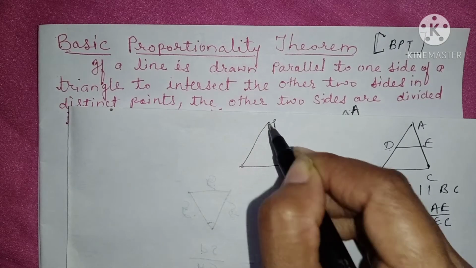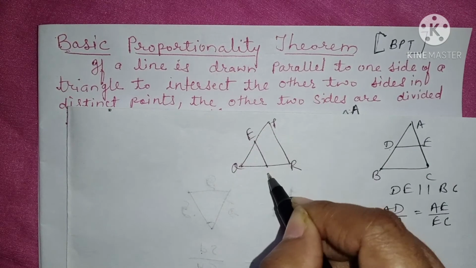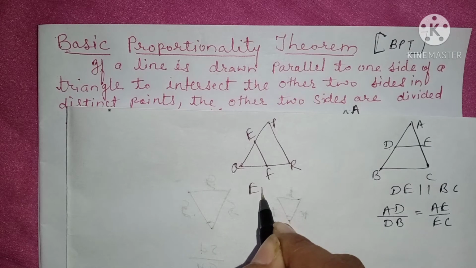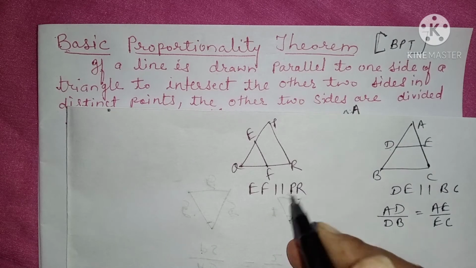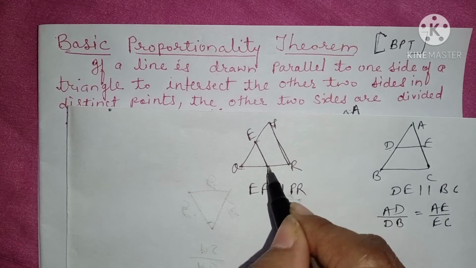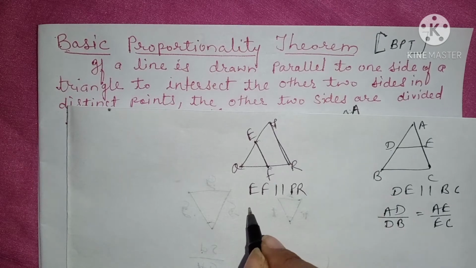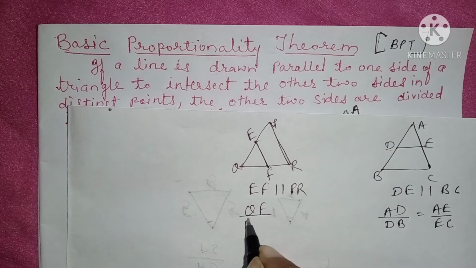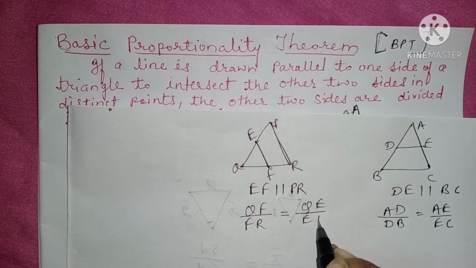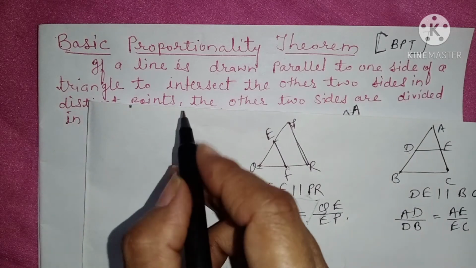Suppose this is PQR and here EF is parallel to PR. So by BPT you can write QF upon FR is equal to QE upon EP. This is known as the basic proportionality theorem.